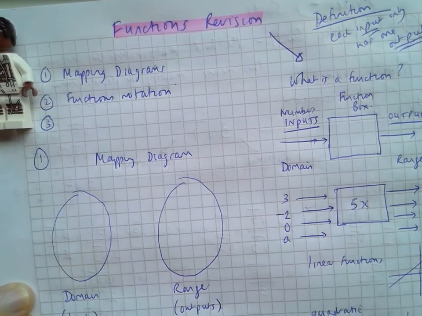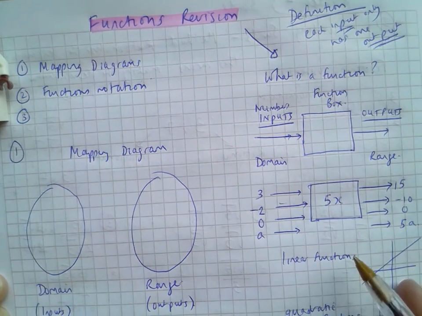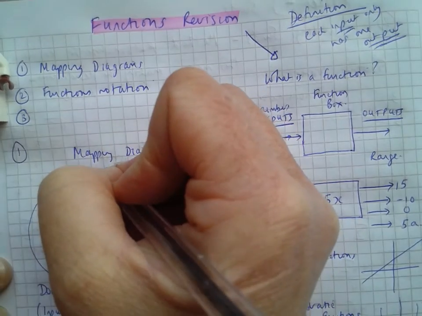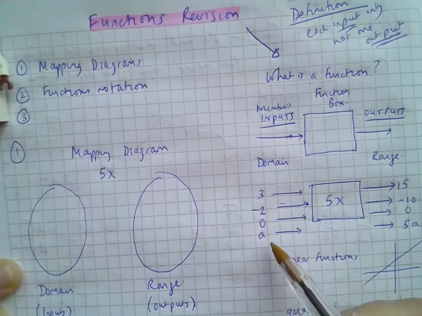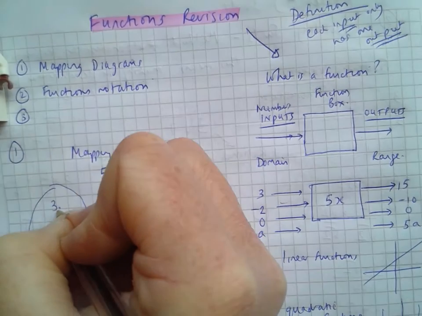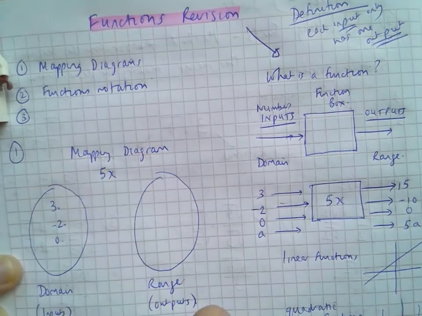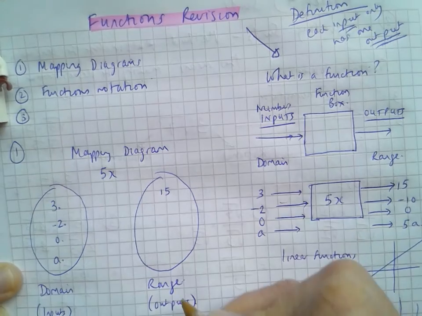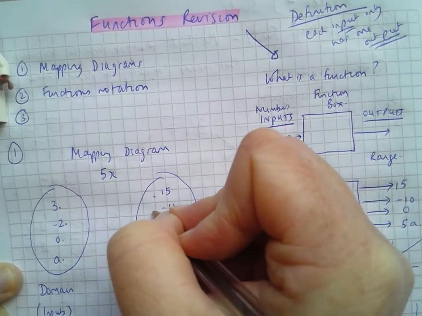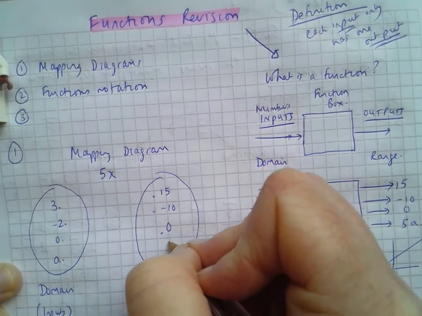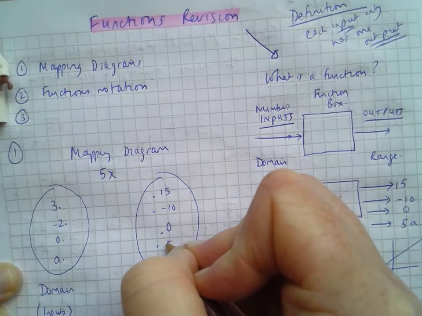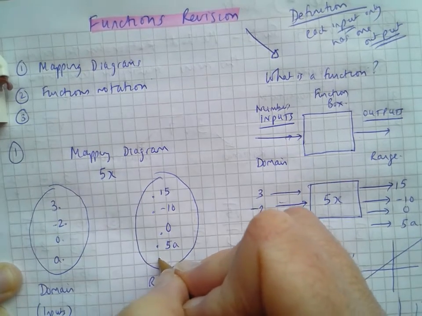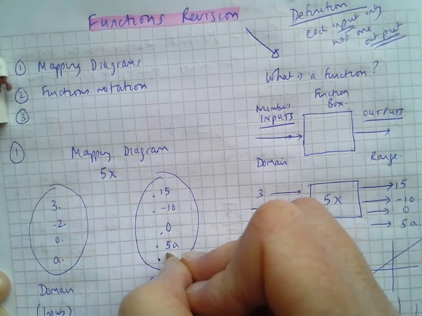If we take our function 5x, our domain was 3, minus 2, 0, and a, and our range was 15, minus 10, 0, and 5a. Now let's just put another number in there, say 20, and I'll explain about that in a moment.